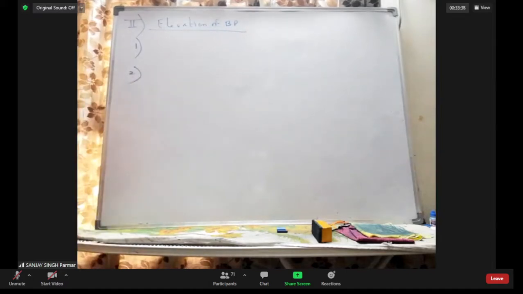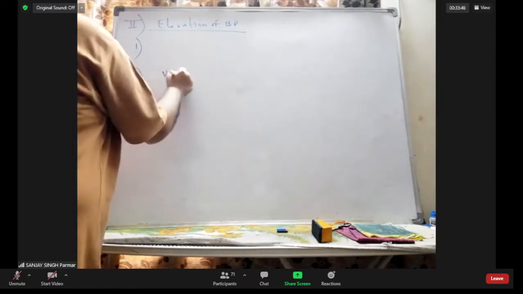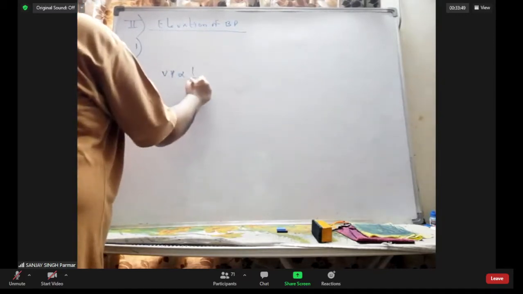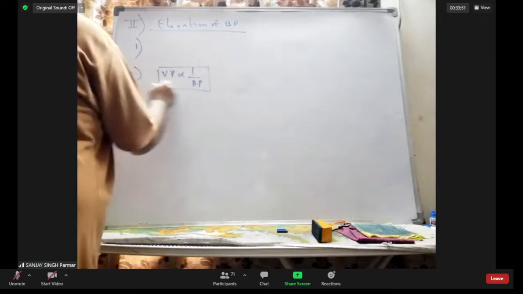Point number 2: whatever 3 or 4 points I am giving now, I have taught you all earlier. Vapor pressure is inversely proportional to boiling point. It is the second point.